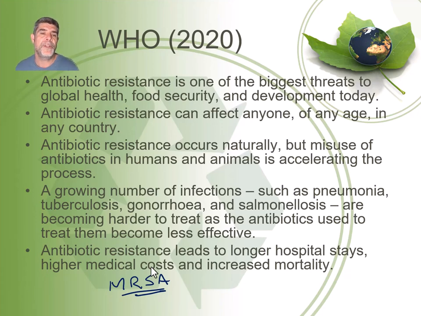So recently, the World Health Organization have identified a couple of important points about antibiotic resistance. They've identified it as one of the biggest threats to global health, and that in itself is a real concern. It can affect all of us of any age in any country, and it occurs naturally.